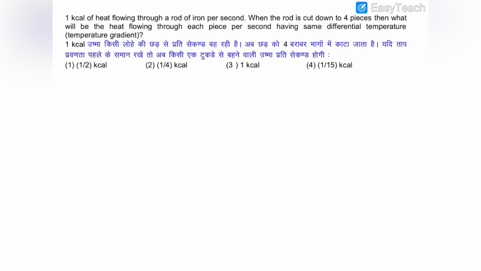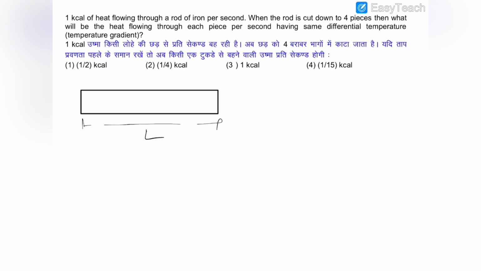In this question, you can see that it is given that there is a heat of 1 calorie per second flowing through a rod of some length. Let's suppose this is the rod and its length is L. So the dQ by dt in this case, let's suppose it is I1, it is 1 kilocalorie per second.